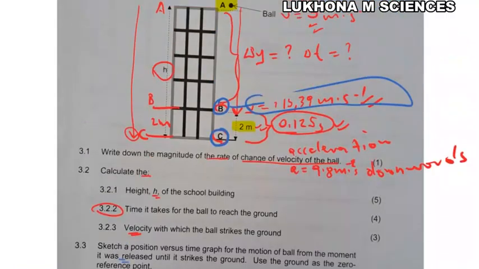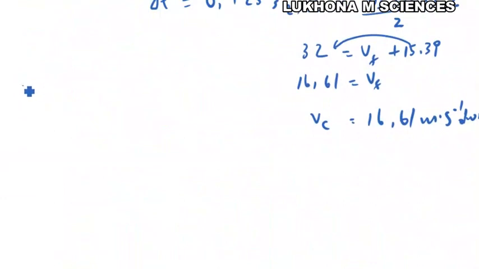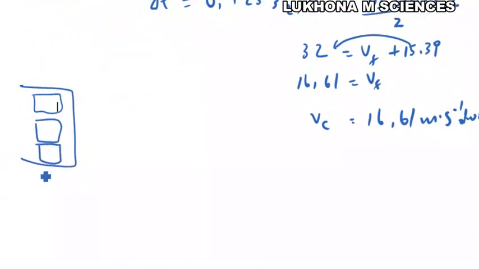Now I'll just draw the new diagram there. Here we have the building. This is the building. Then we have the ground here. This is the ground.